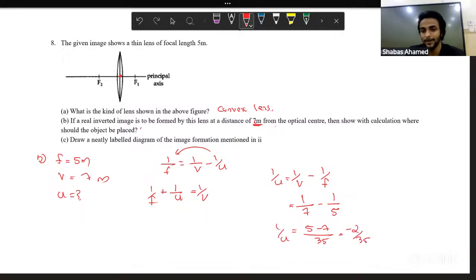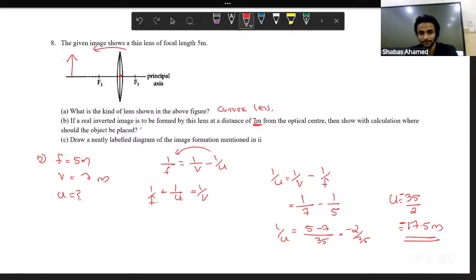This is 1 by u, so u should be equal to 35 divided by 2 with a negative sign. That means it is equal to minus 17.5 meter. So we have to place the object at 17.5 meter away from the lens. The negative sign indicates that the object should be on the left side of the lens.